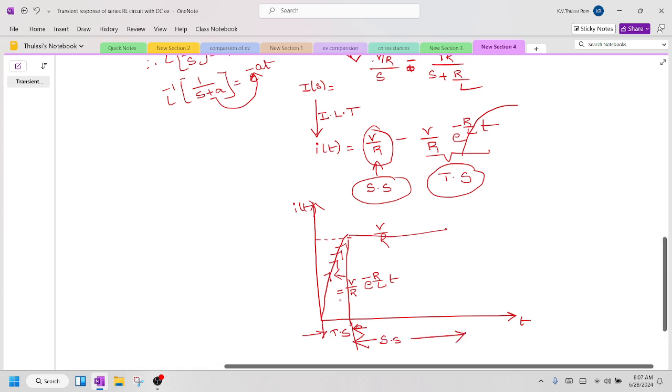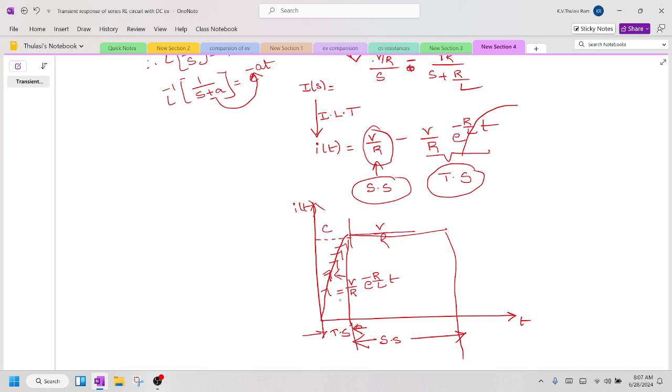Steady means the value is fixed. What is happening to the inductor is that the inductor has been charging. It has been charged, came to a steady state, and it has been fully charged. Now the condition of the inductor is fully charged.